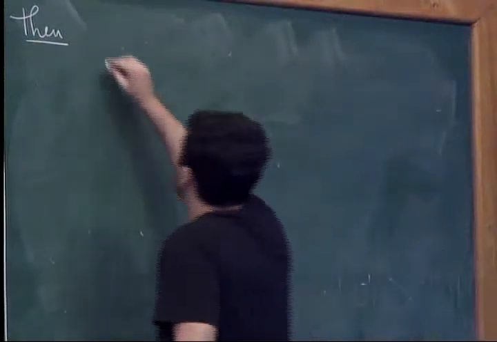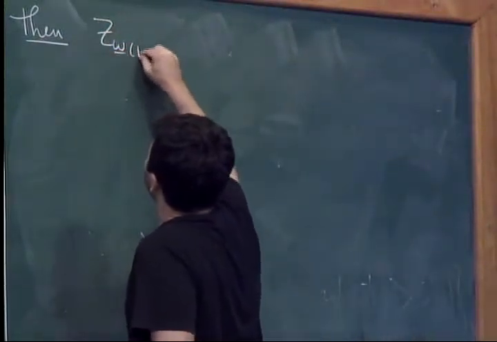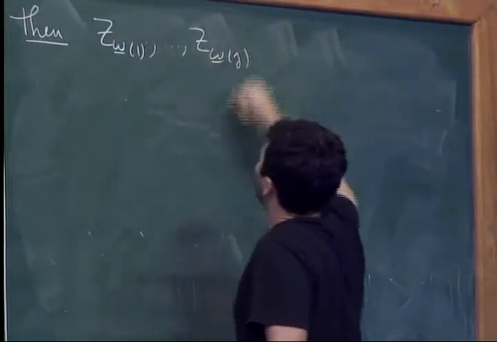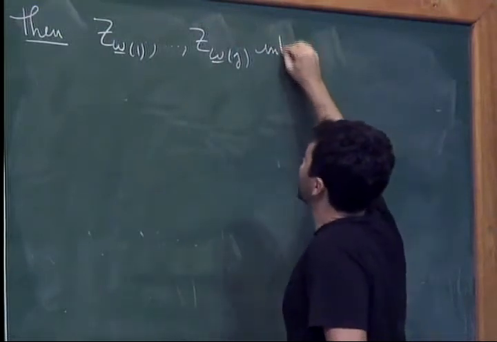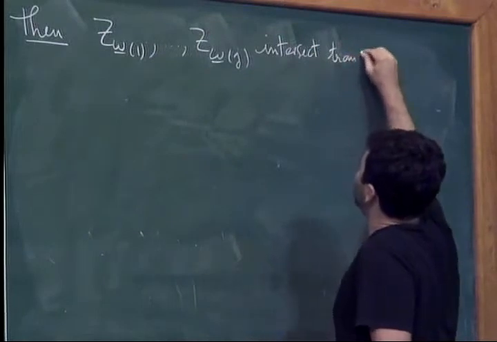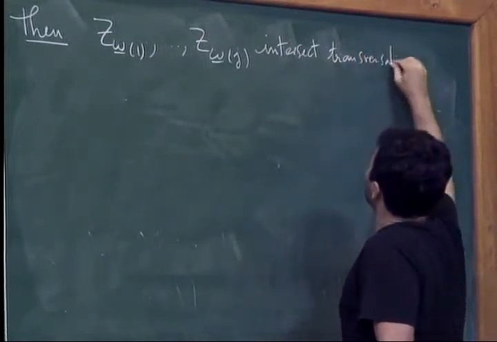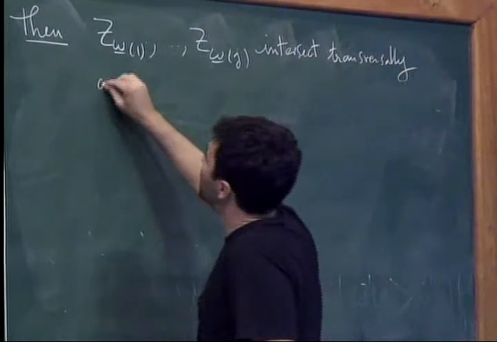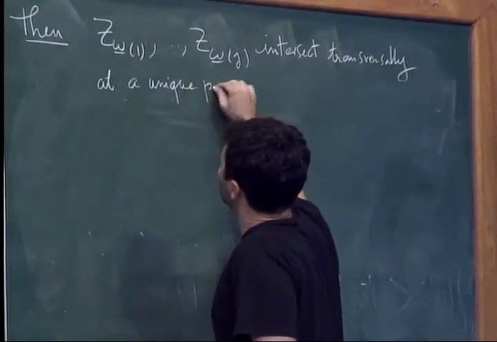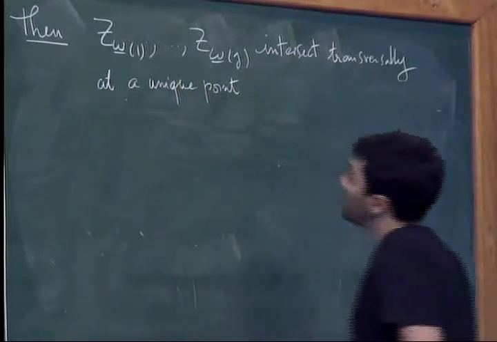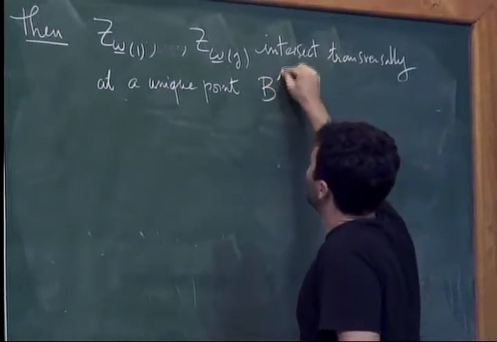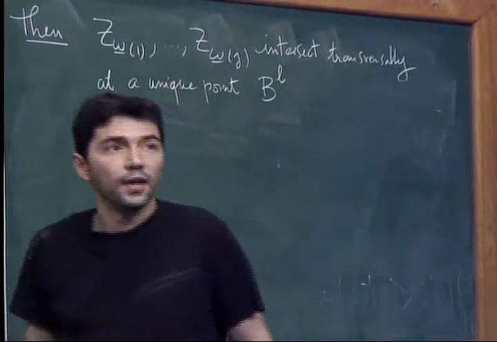So first, Z omega 1 up to Z omega L intersect transversally at a unique point. It's not necessary for what we are going to do, but at a unique point corresponding exactly to b to the power L, so 1, 1, 1, 1, 1.